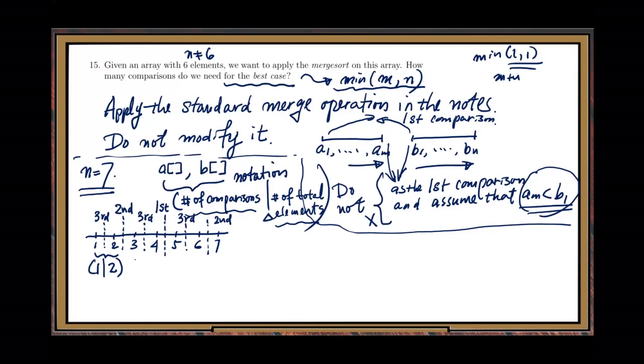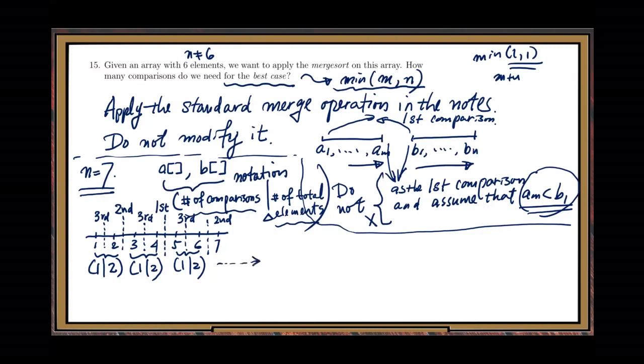All right. Similarly, merge these two adjacent subarrays, 1 vertical bar 2. And here do nothing. Then let's collect a subtotal.